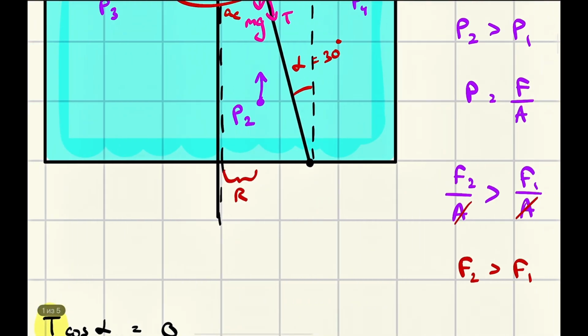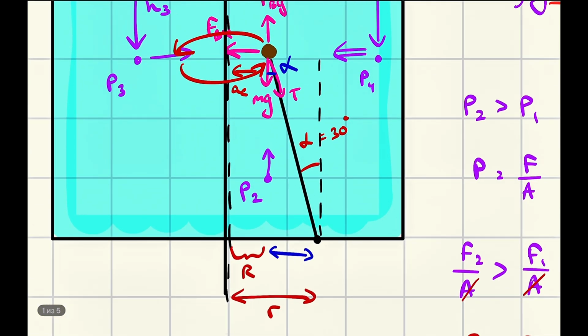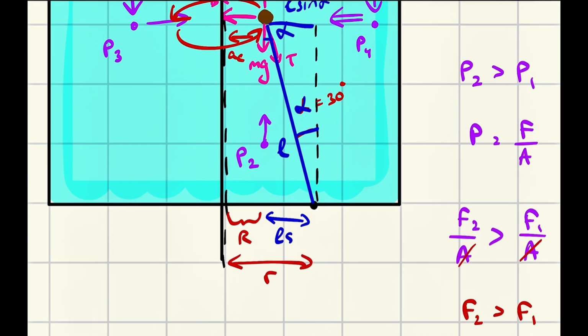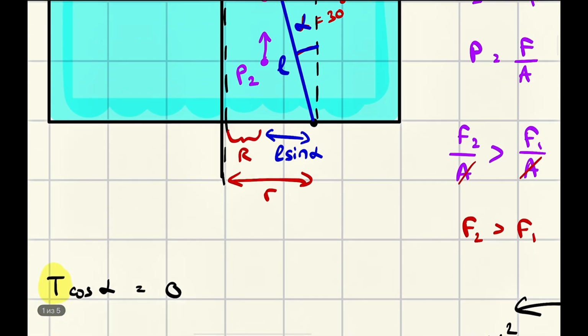We know this entire part, which is R, but also we know what this small part is. This is just L sine alpha. Why? Because this thing is L, and as you can see, this is alpha, and definitely this is L sine alpha. So we can say definitely that r equals the big R minus L sine alpha.